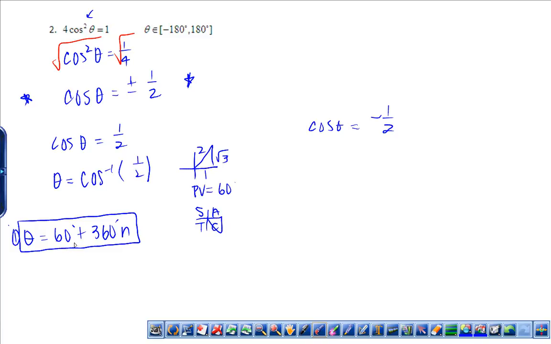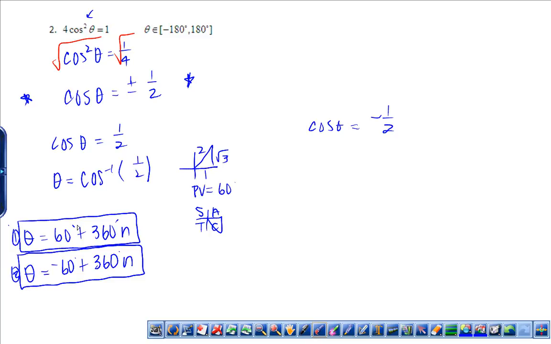And I like to just do the negative version of this. It makes it so much easier. So my second equation is going to be theta equals negative 60 degrees plus 360 degrees n. And again, you don't have to do the negative version. If you would like to go all the way around and do 330 degrees, that's totally fine as well. Or I guess that would be 300 degrees positive.